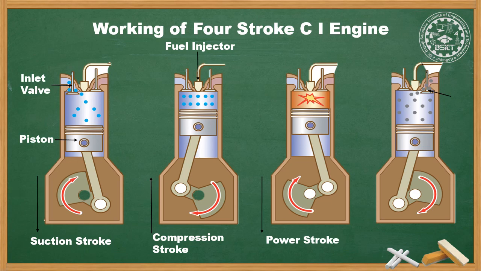The movement of the piston from BDC to TDC sweeps out the gases through the exhaust valve. The exhaust valve closes at the end of the exhaust stroke and some residual gases remain inside the cylinder. So this is how the 4-stroke CI engine works.